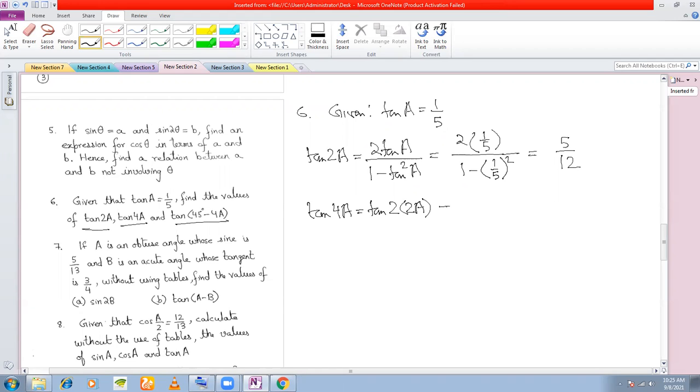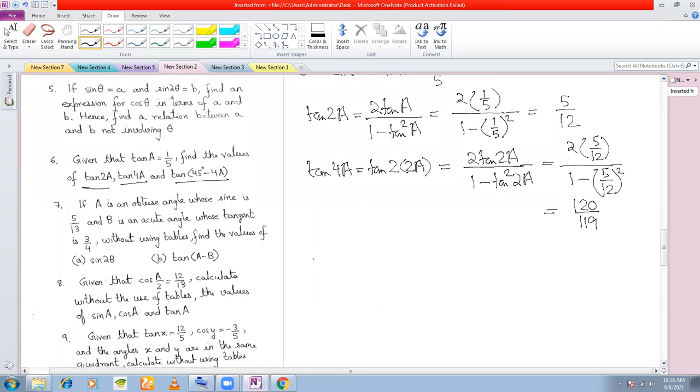That means this is equal to 2 tan 2A divided by 1 minus tan square 2A, right? So now we know the value of tan 2A above. Put it, and you can simplify this to get 120 by 119.